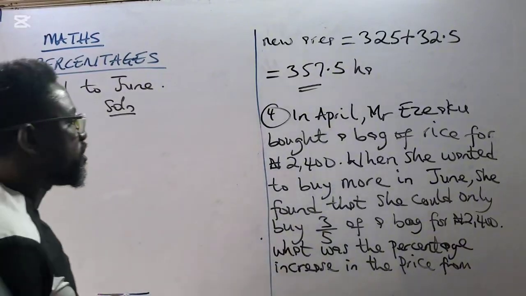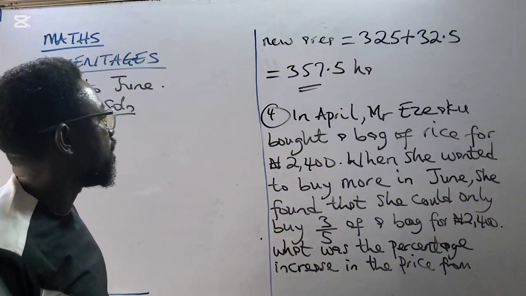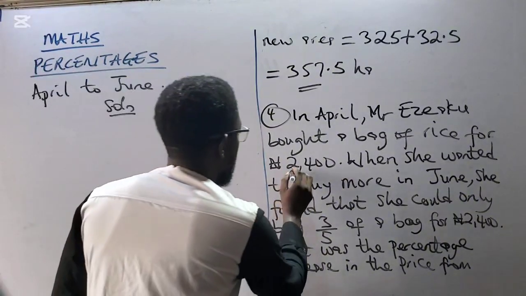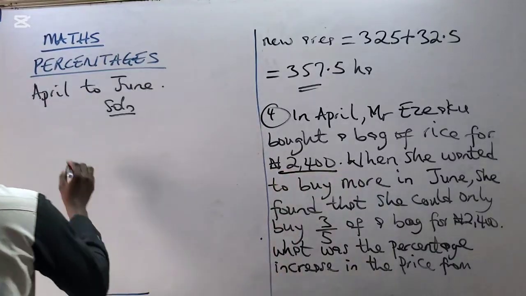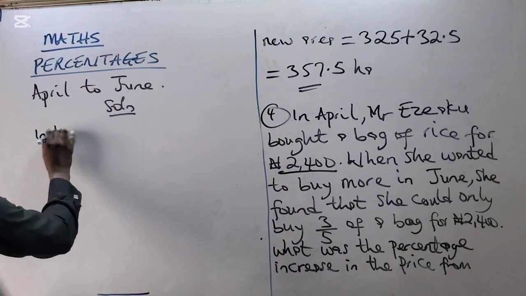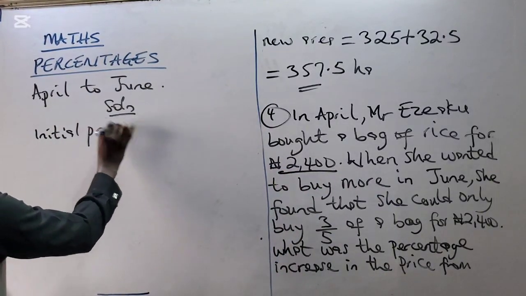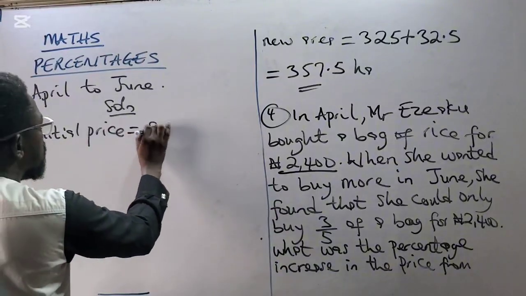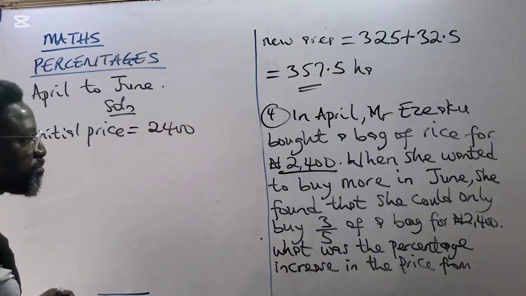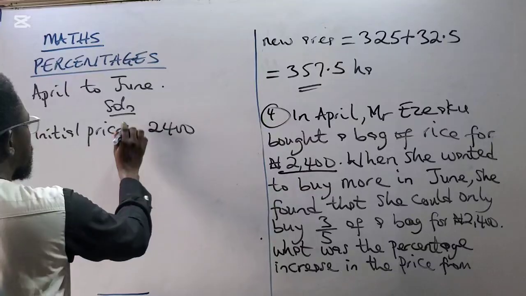Okay, now for a question like this, say about the bag of rice for this price, that's the initial price. The initial price was 2,400 naira.